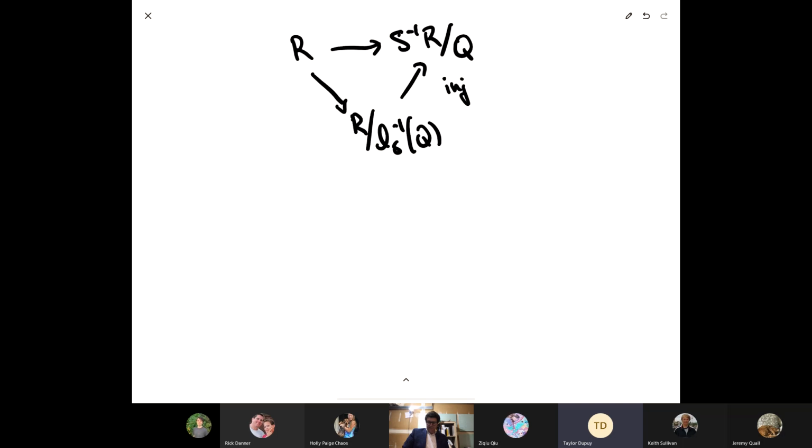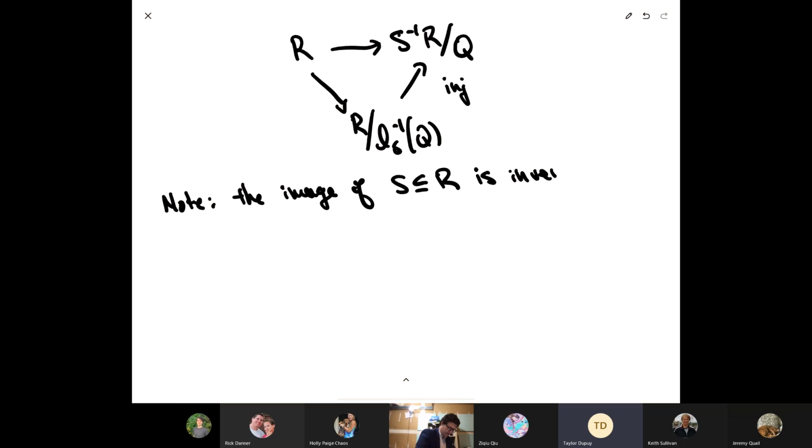But the thing to notice is that the image of S is invertible in S inverse of R mod Q. So if I had some element of S and I look at it in the target of the top map, those elements of S are going to be invertible.